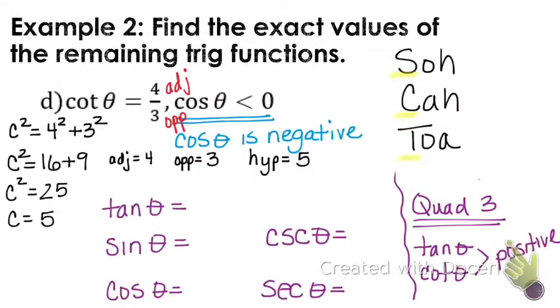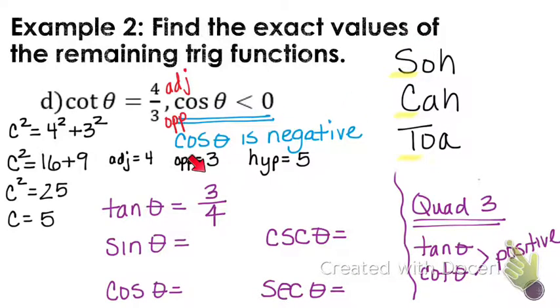Oops, I'm so sorry. I hit the wrong thing. All right, I think the easiest to start with would be the sister of cotangent. If cotangent is 4 over 3, that means tangent is going to be 3 over 4. Sine is opposite over hypotenuse.